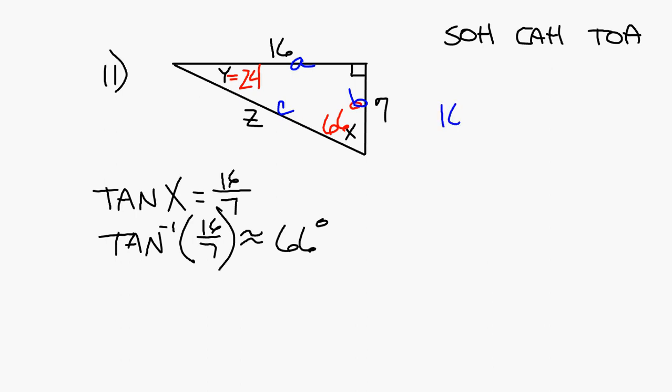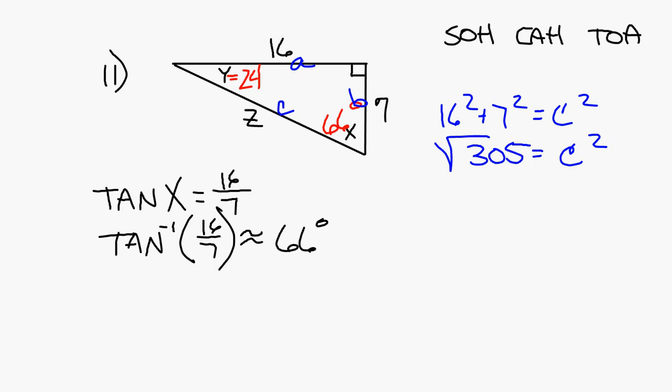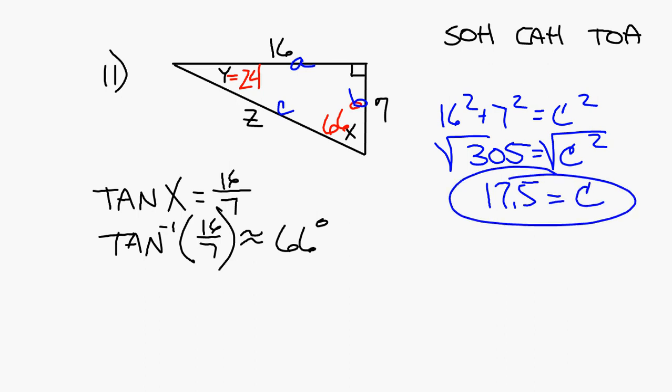So 16 squared plus 7 squared, 305, equals c squared, and find the square root of both sides. 17.5 is equal to c. So your third variable is equal to 17.5. And that concludes your study guide for quiz number 4.